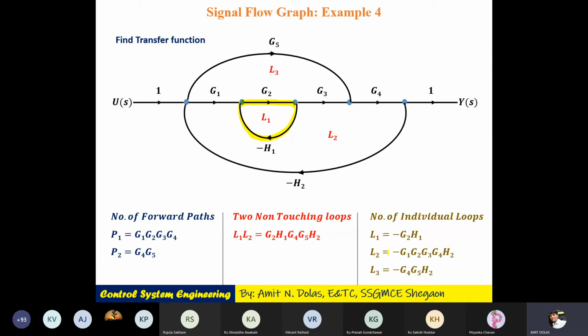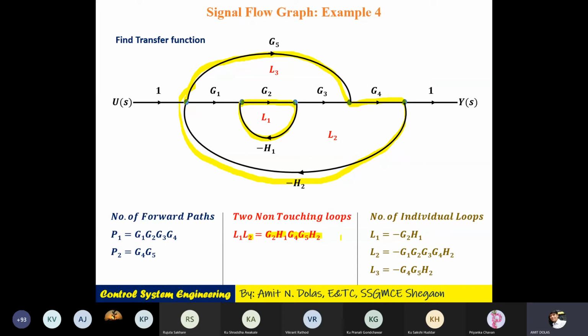I made a small mistake while naming. It must be L3. L3 is G5, G4, H2, and again G5. So these two loops are not touching. Let's see if it is correct. It is G2 minus H1, and G4, G5, H2.